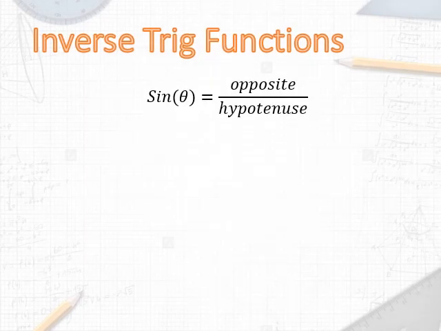All right, so where does that come from? If you think sine of theta is opposite divided by hypotenuse, and I said, okay, well, we know the opposite, we know the hypotenuse, but we don't know the angle. I need you to solve for the angle. You'd say, all right, well, I gotta get the angle on its own. Sine is not something that you just divide by. So it's a function, and hopefully you guys remember that if you want to undo a function, the opposite of a function is an inverse function.